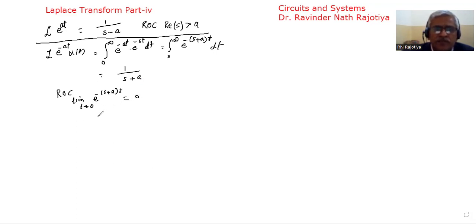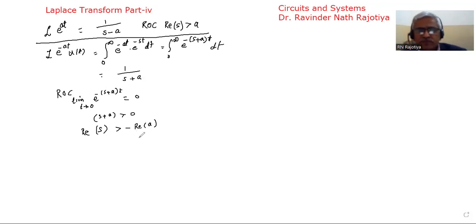It is possible when s plus a assumes positive values, so greater than 0, or say the real part of s is greater than minus the real part of a.